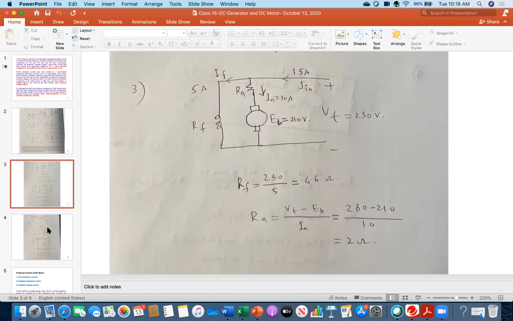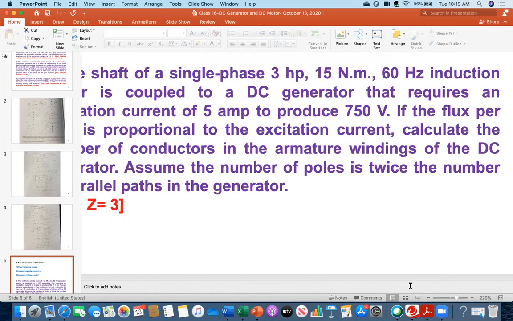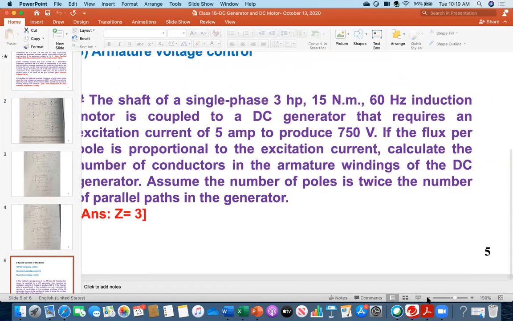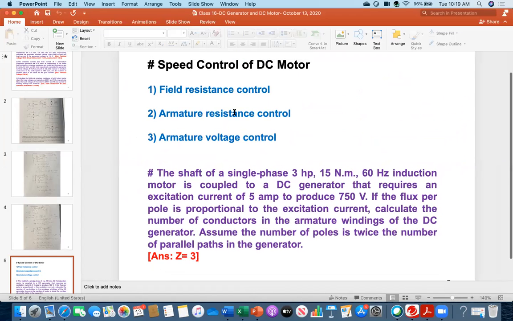Okay, now the new topic. I'll be discussing speed control of DC motor for a minute. You know that before, we looked at speed control of induction motor. Accordingly, speed control of DC motor is very important. So what are the ways?